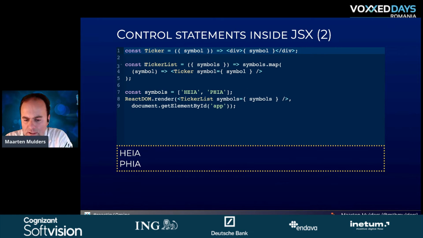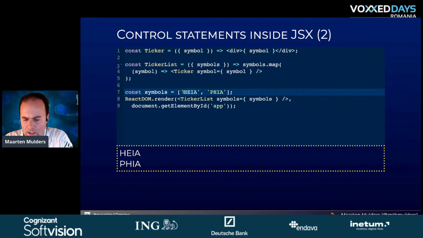And the ticker list is a component that takes the symbols. Again, I've decomposed the arguments, and then invokes map on it. So it's an array, and the map function on an array takes as an argument another function, invokes that function on every item in the array where you call it upon, and then returns a new array with the outcome of each invocation.